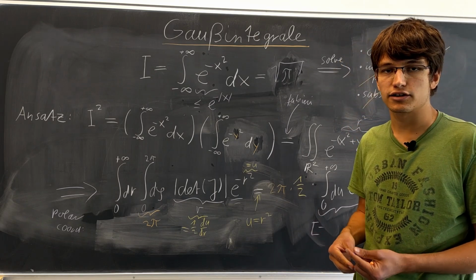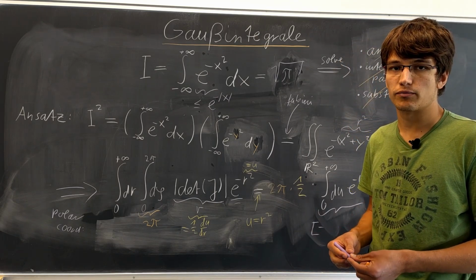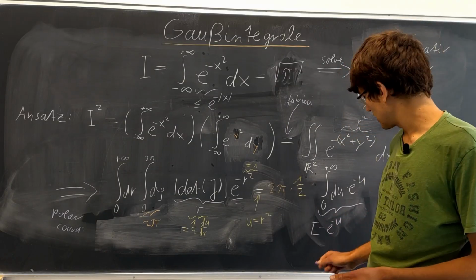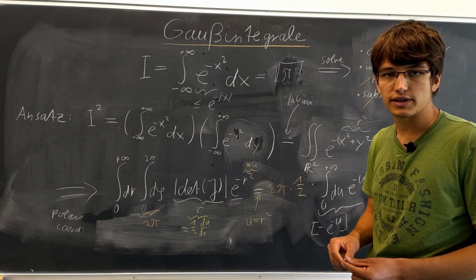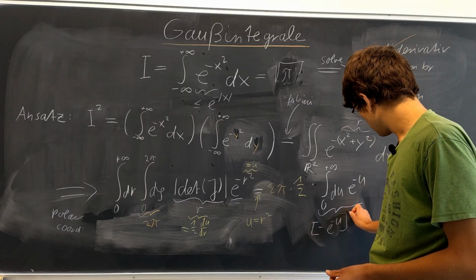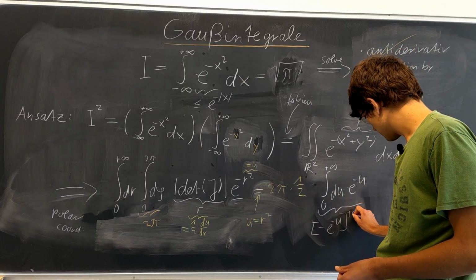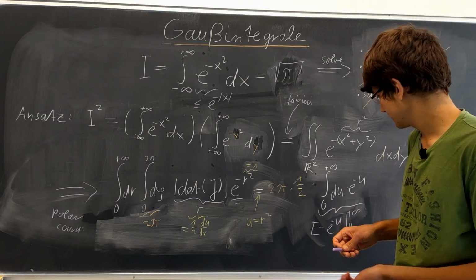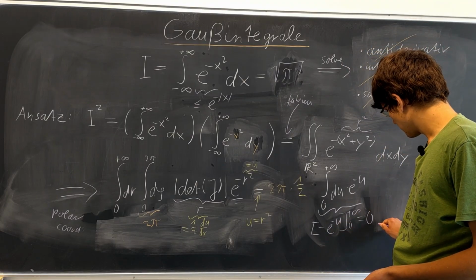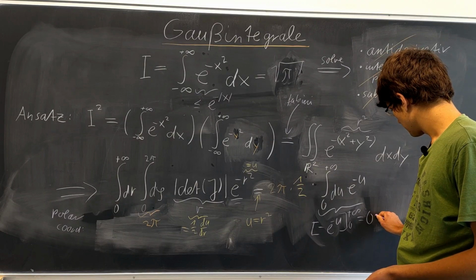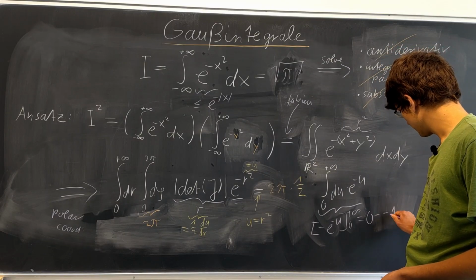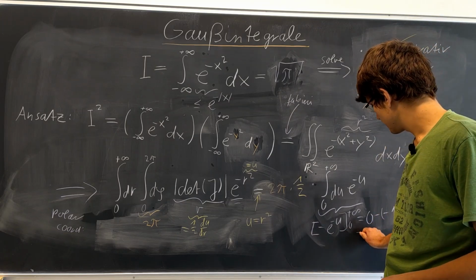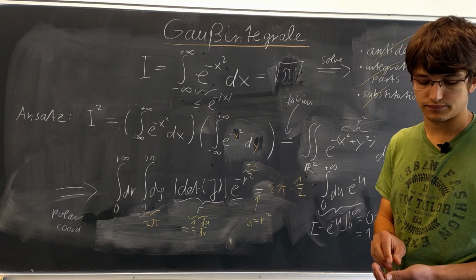So the antiderivative of e to the power of minus u is minus e to the power of minus u, and we have to put in the limits plus infinity and 0, and we get 0 minus 1, so in fact we just get 1.